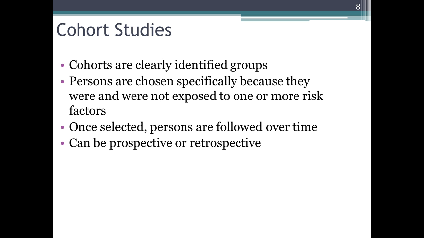Persons are chosen specifically because they were or were not exposed to one or more of the risk factors. And that is basically a very important concept in cohort study. Once they are selected, they are followed over time, and that is for prospective.